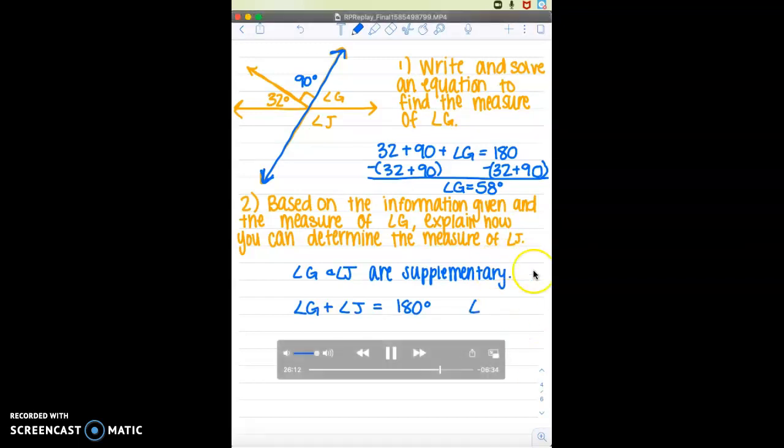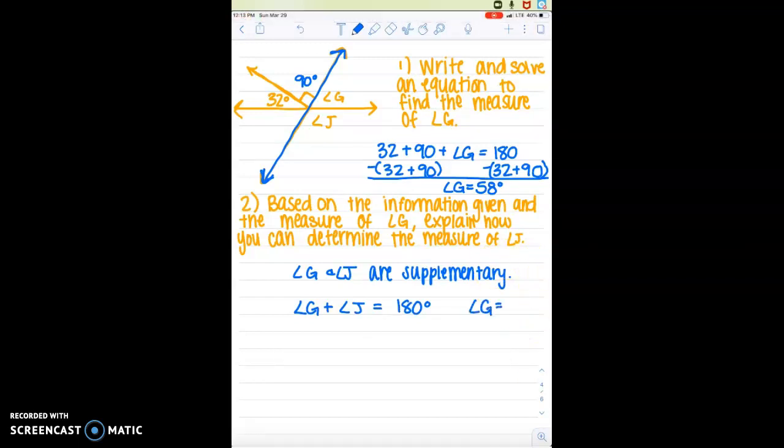And then I can set up the equation of 58 plus angle J equals 180 degrees. And I'm going to solve by taking 58 away from both sides. And then it's going to give me that angle J is equal to 122 degrees.